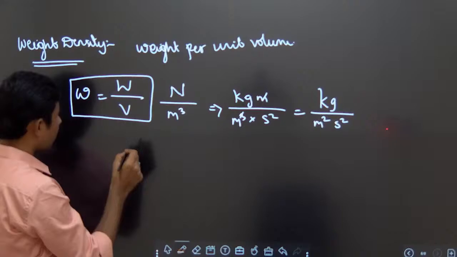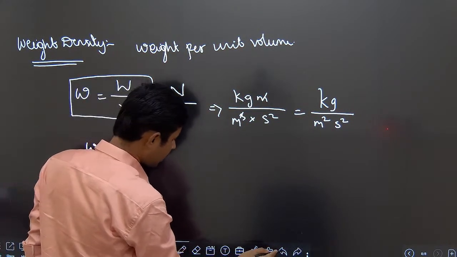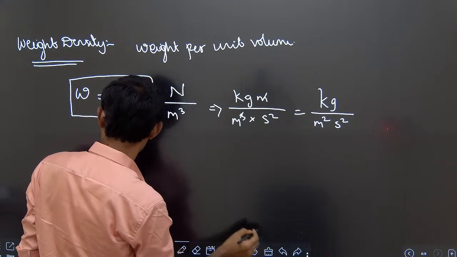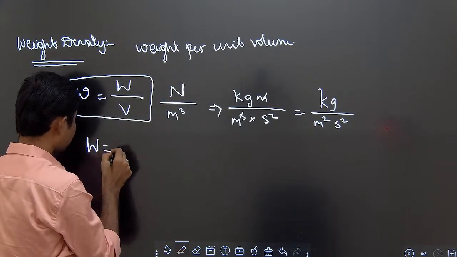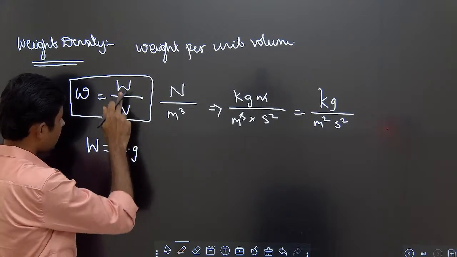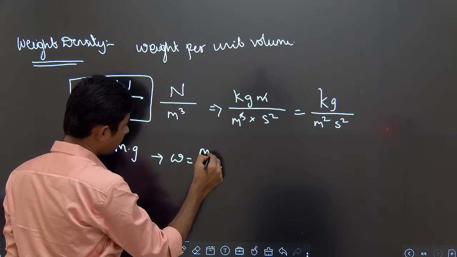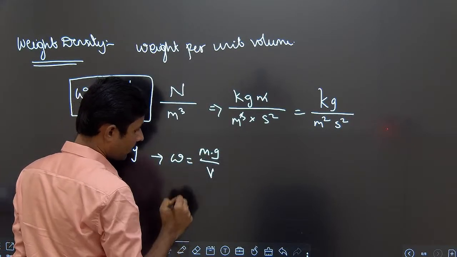Now we also know weight is equal to m into g. So substituting mg here, we get specific weight equals m into g by volume.